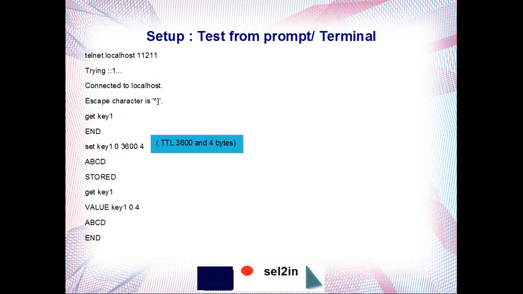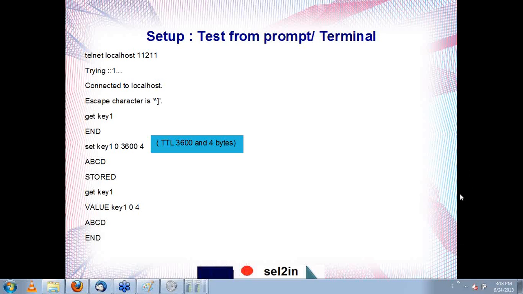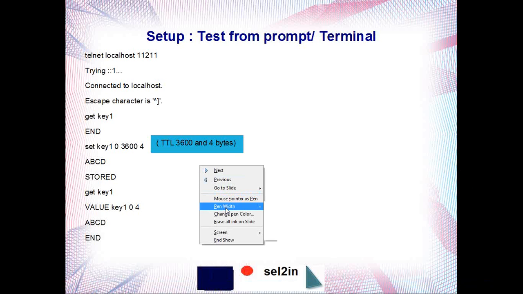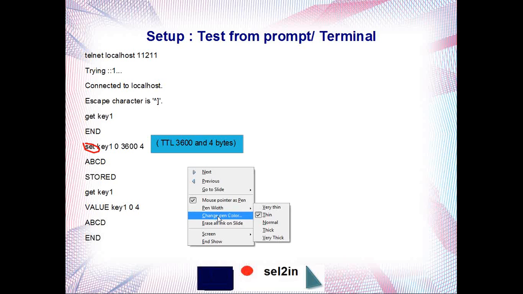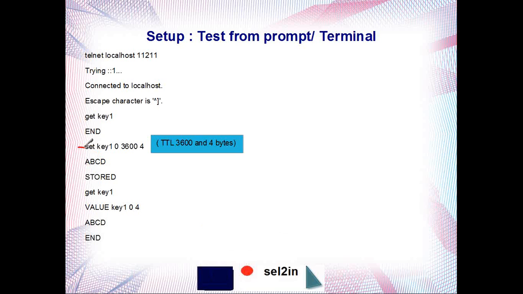So ABCD over here is the actual data which I'm sending. This is the set command, and then I'm saying the expiry is 3600, and I'll be sending 4 bytes, and these are the actual 4 bytes. And then the server is telling me that it was successfully stored, and then I can get it, and I can again verify that what I sent, ABCD, is what I got back. Right.